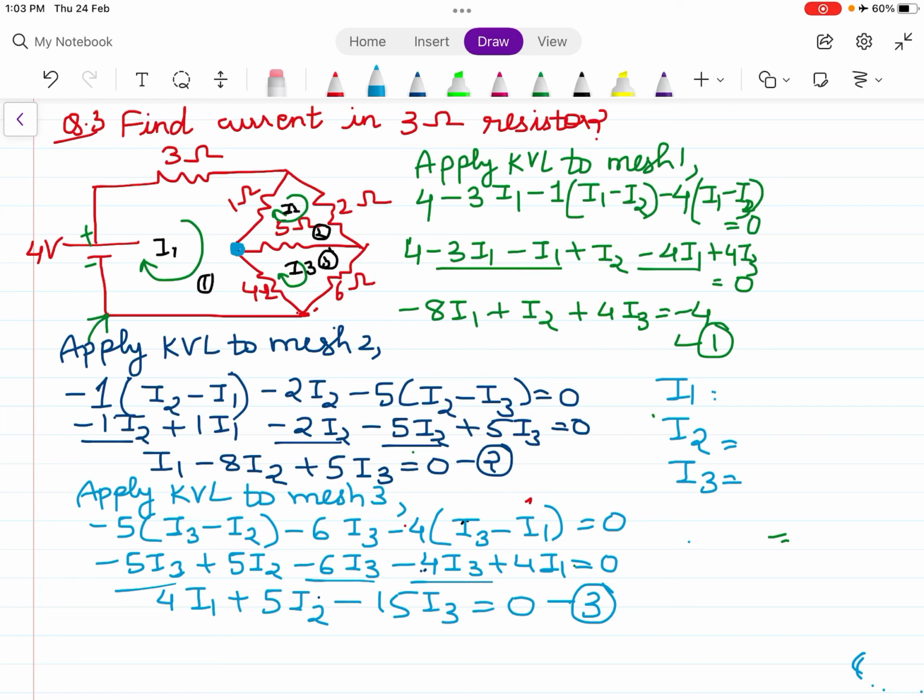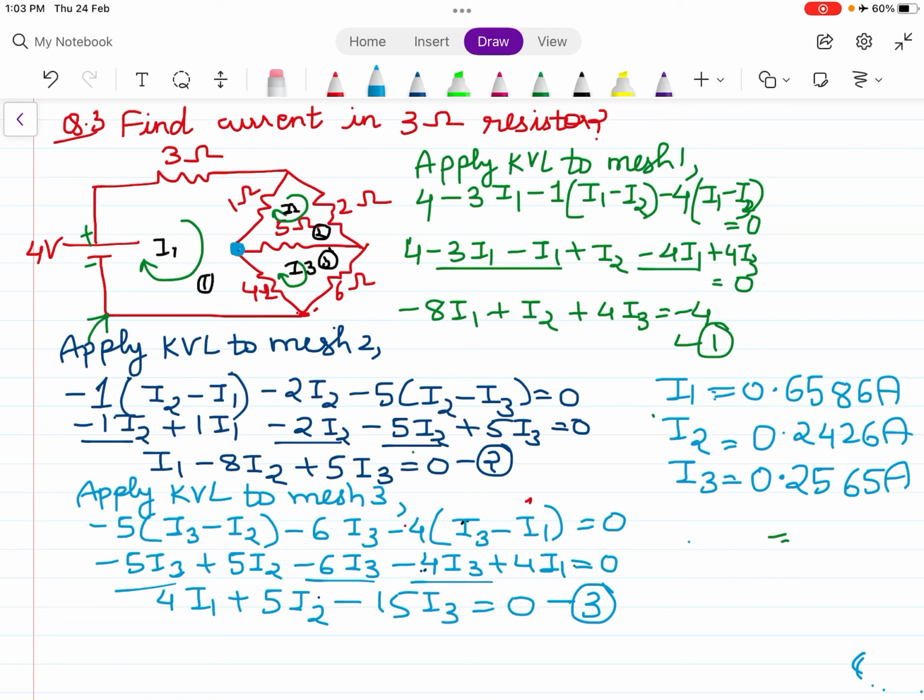I1 is equal to 0.6586 amperes. I2 is 0.2426 amperes and I3 is 0.2565 amperes.